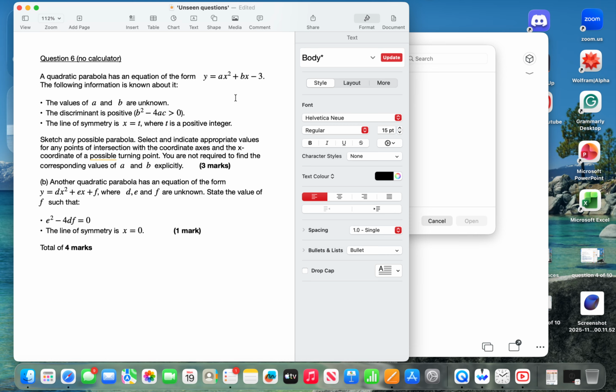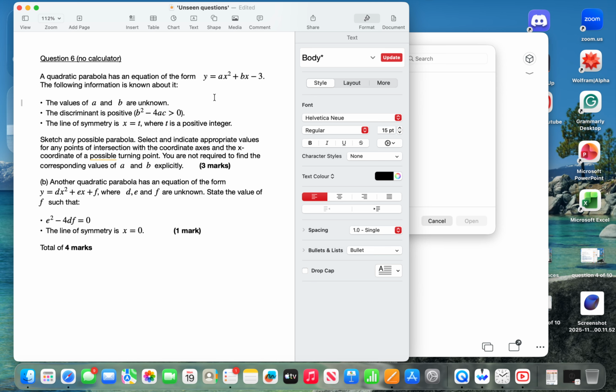And the line of symmetry is in the form x equals a positive integer. So we have to sketch any possible parabola, and we don't have to find the values of a and b explicitly, but we do have to mark the points of intersection with the x and y axes.